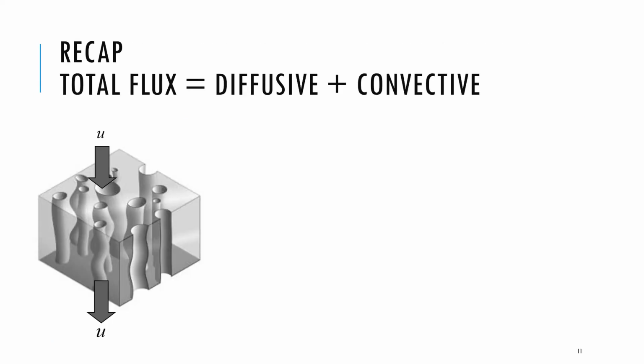Recall the total flux is made up of diffusive and convective. As we apply this for the water phase, what we just discussed is that the mechanisms for water transport are those four pressures.